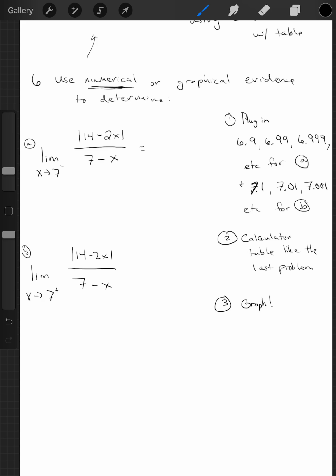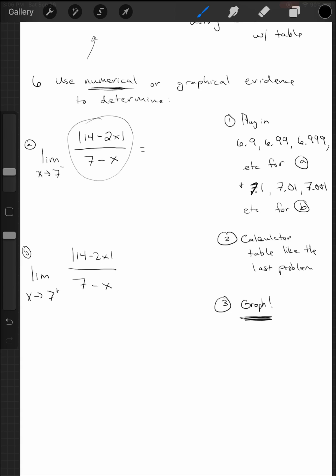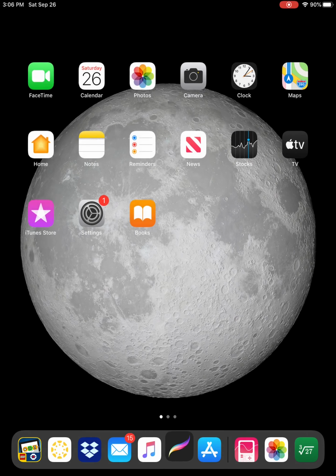Both those last two need a graphing calculator, though Google can do this. If you just tell it to graph a function, Google can generally graph it for you. So again, if you're using something like Google for a calculator, the graphing one is an option you have as well.